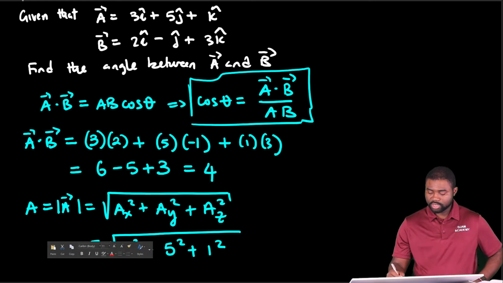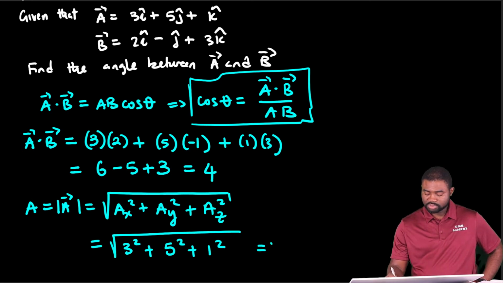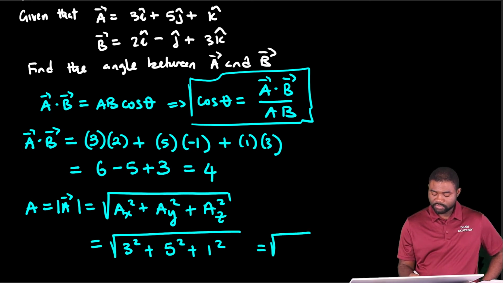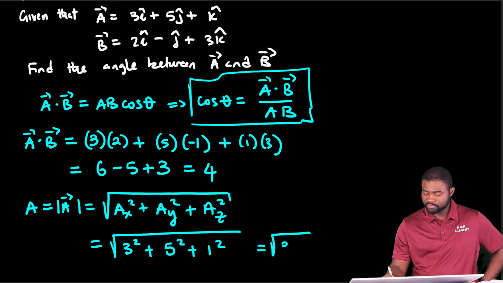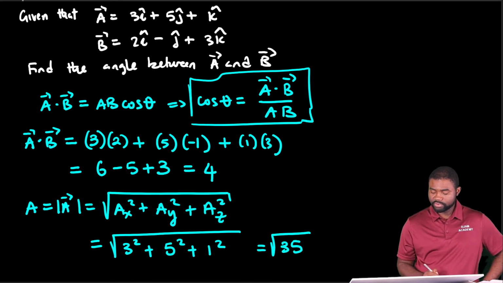So if we calculate that, this will give us the square root of 3 squared is 9, 5 squared is 25. So 9 plus 25 is 34, plus 1, that's 35. So this is the square root of 35.